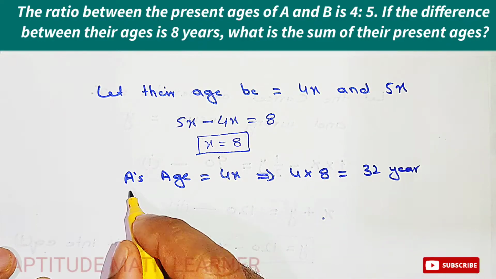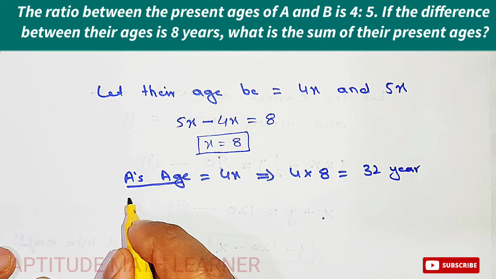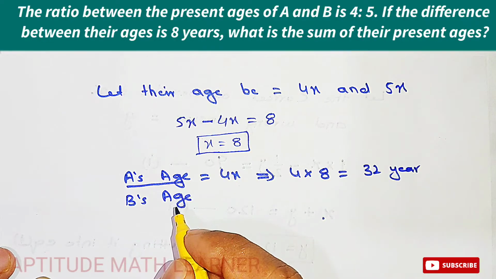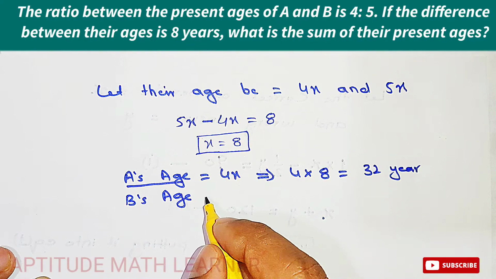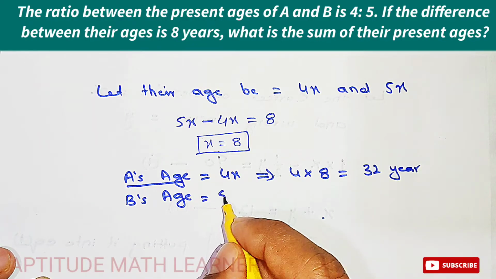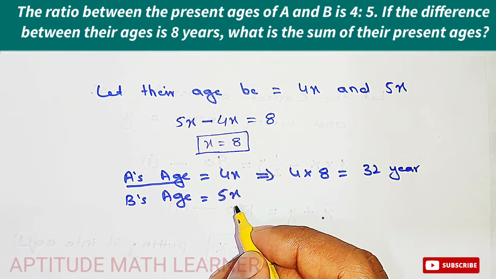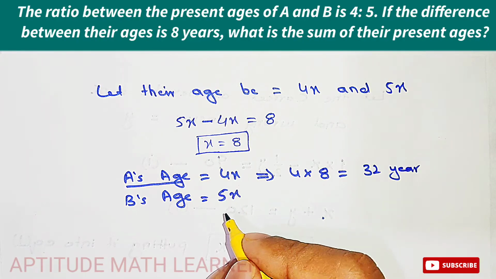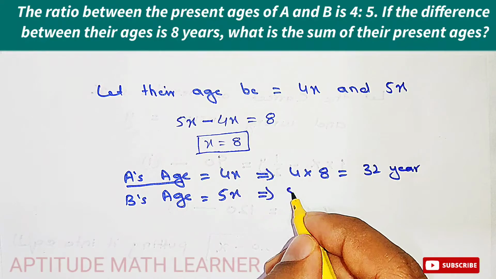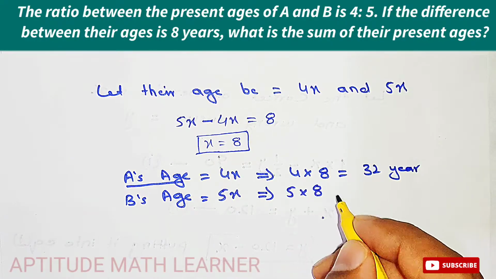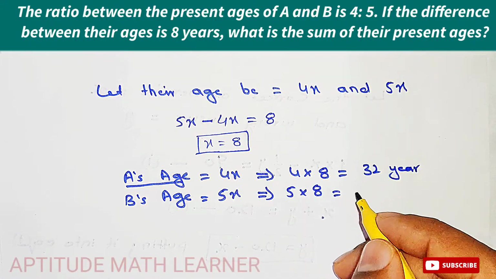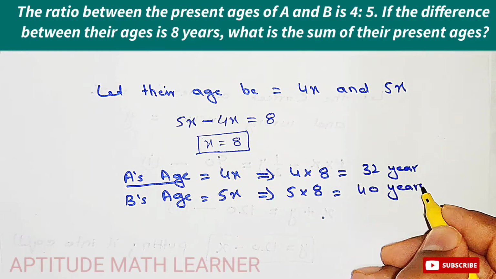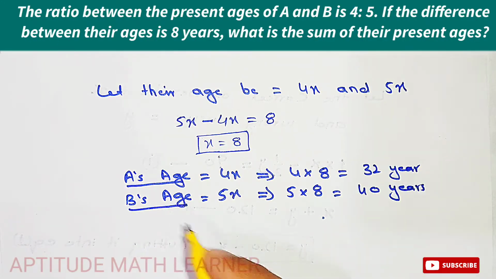So this is A's age, and B's age is equal to 5x. So this becomes 5 multiplied by 8, that is 40 years. So this is B's age.